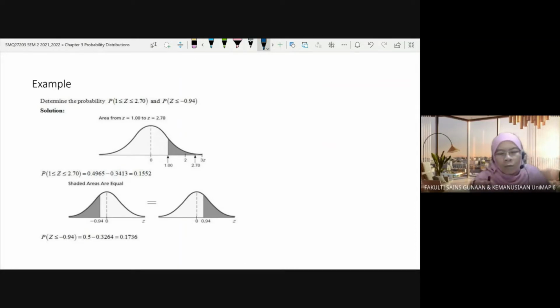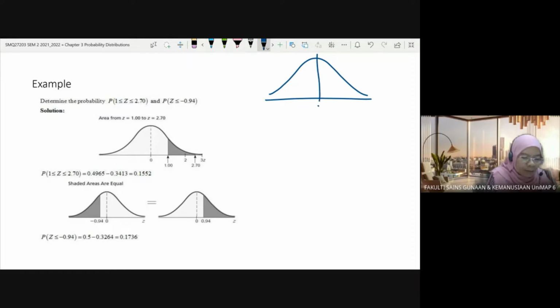Now, when we talk about standard normal, okay, the middle value is 0, because we know standard normal is Z following normal with mean 0 and standard deviation or variance equal to 1. Now, you need to find the probability value for 1 until 2.7.